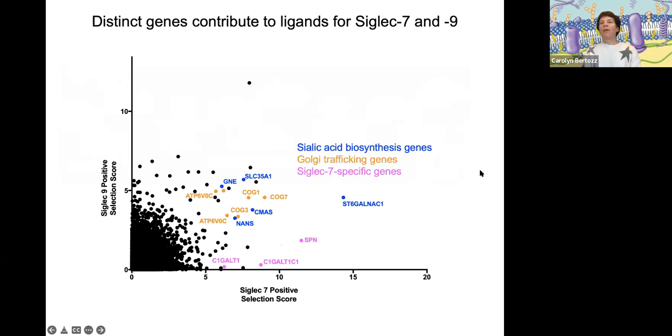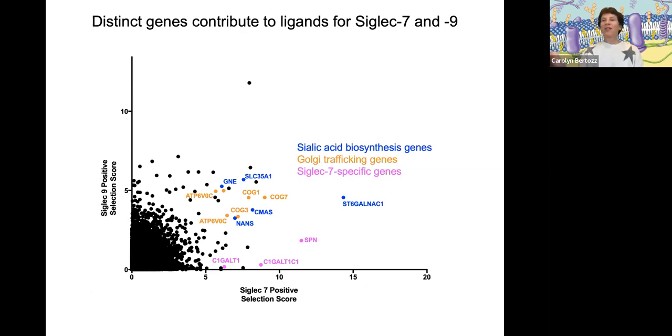And so here's an example of CRISPR screens that Simon did where he compared the hit list for Siglec-7 and Siglec-9. So on the x-axis, each dot here that has a significant score down on the x-axis, that's a gene that's important for the ligands of Siglec-7. By contrast, those dots that have a high score on the y-axis, those are genes that are important for the ligands of Siglec-9.